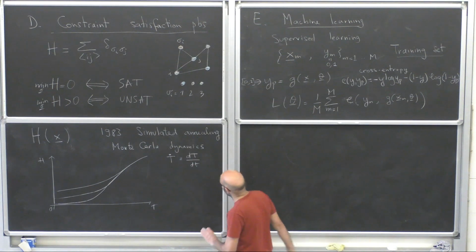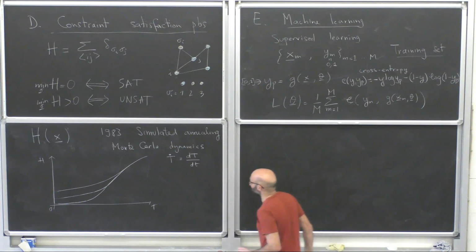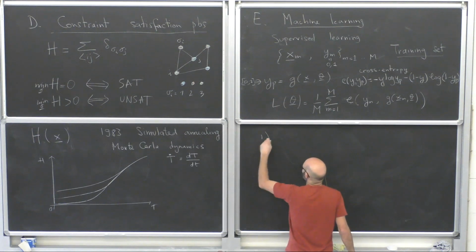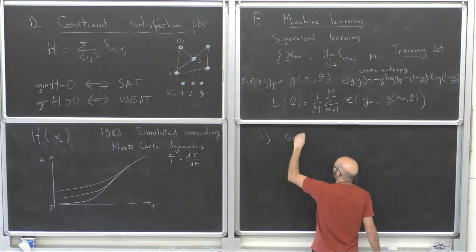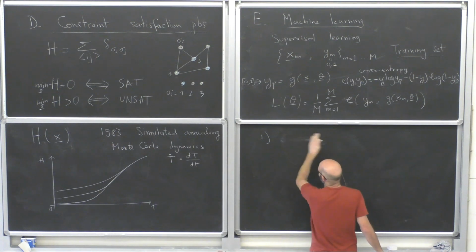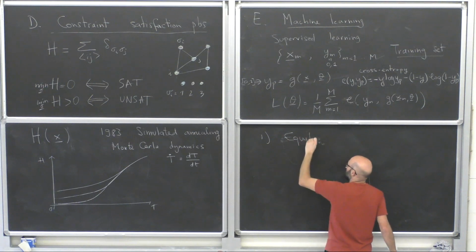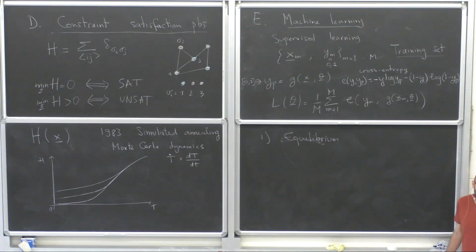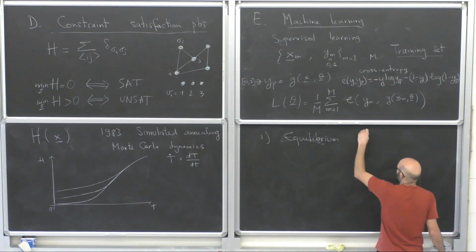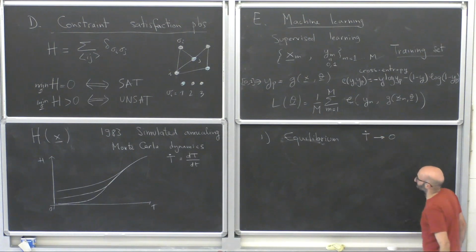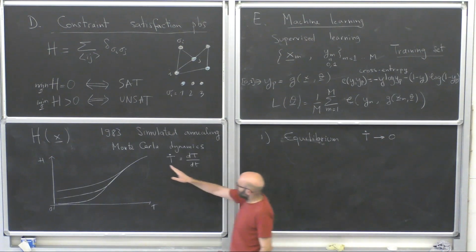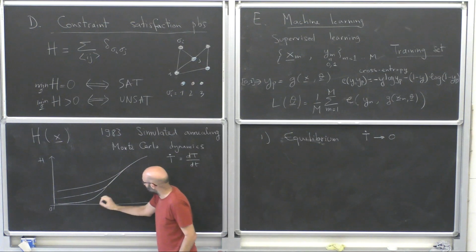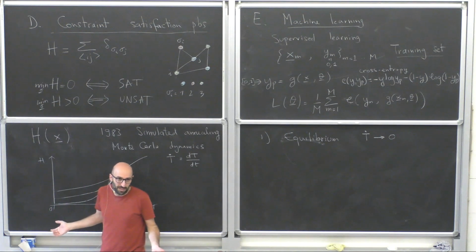The last thing I wanted to say before giving you the details is why I said I wanted to study three things. The first one was, sorry, equilibrium. Equilibrium is a special case of simulated annealing. It's the case where the cooling rate goes to 0. If I start at high temperature and I cool my system infinitely slowly, in principle, at each temperature I reach equilibrium, and then I should go to the ground state.